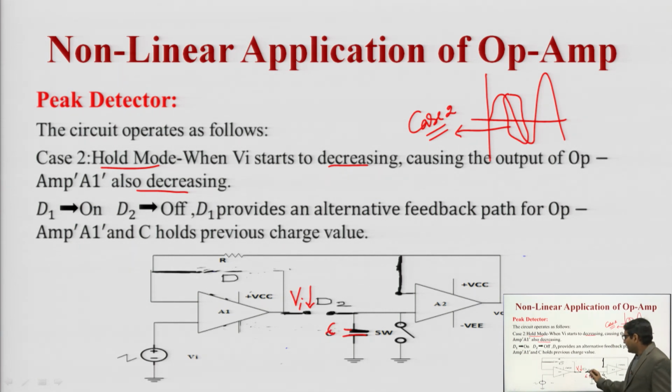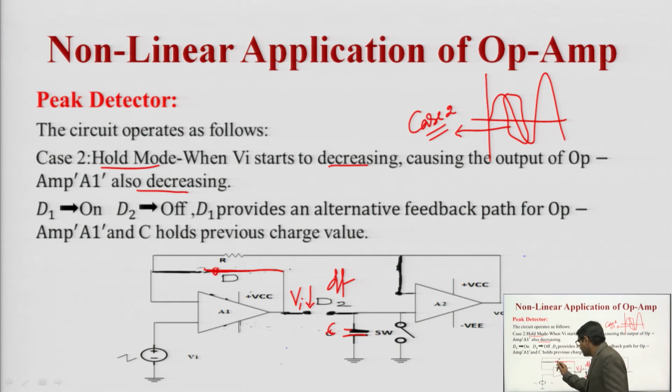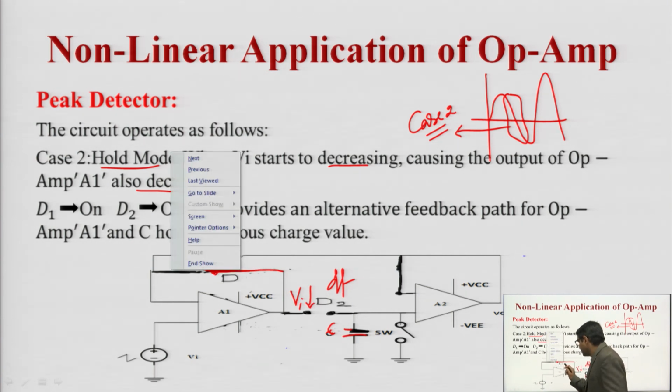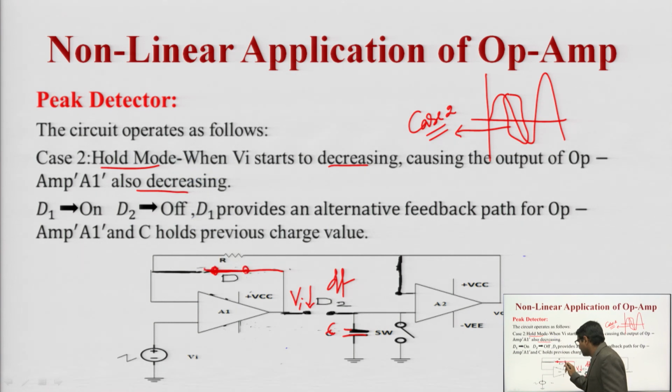So, diode D2 is off and diode D1 is on. Capacitor C has no discharging path, which means it holds its previous charge value.